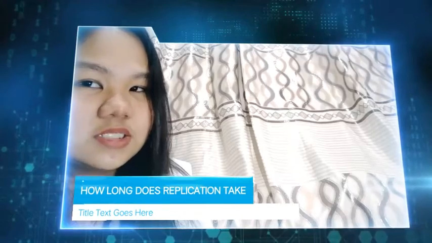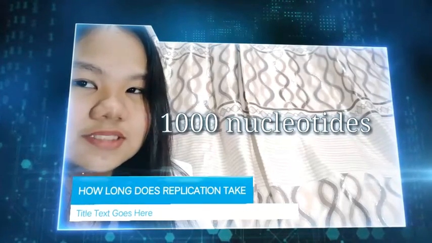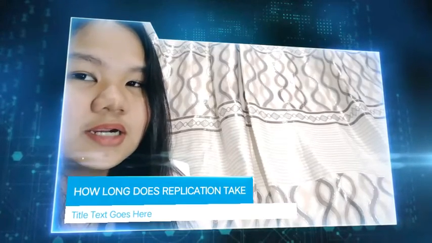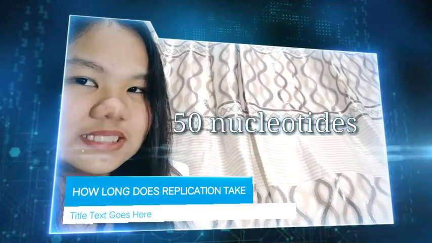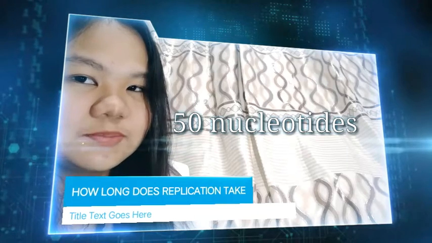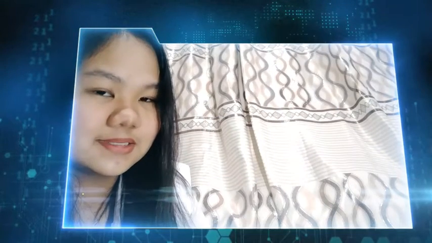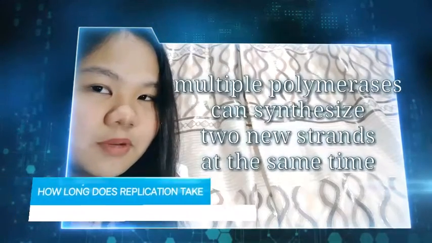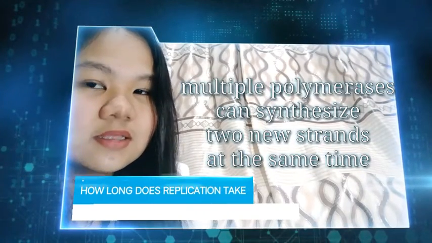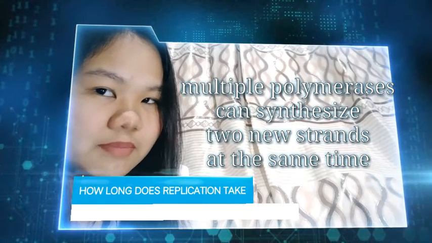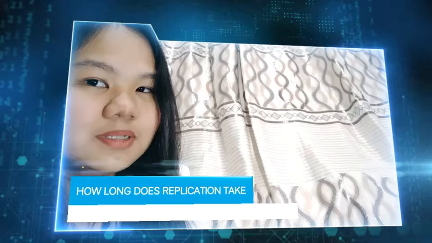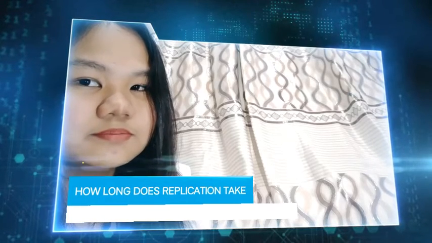In the prokaryotic bacterium, replication can occur at a rate of 1,000 nucleotides per second. In comparison, eukaryotic human DNA replicates at a rate of 50 nucleotides per second. In both cases, replication occurs so quickly because multiple polymerases can synthesize 2 new strands at the same time by using each unwound strand from the original DNA double helix as a template.